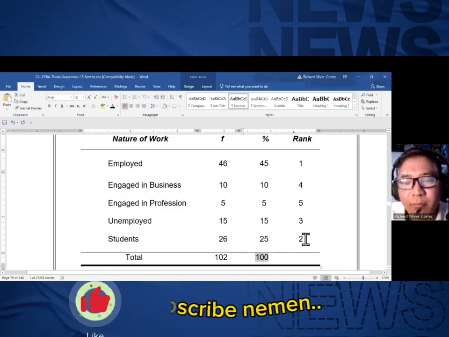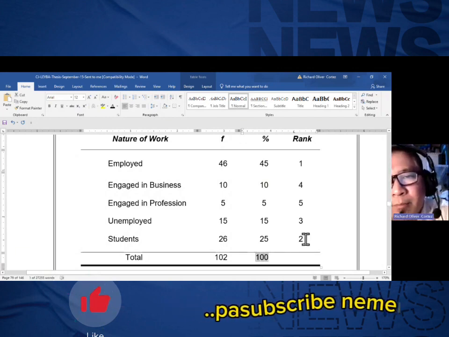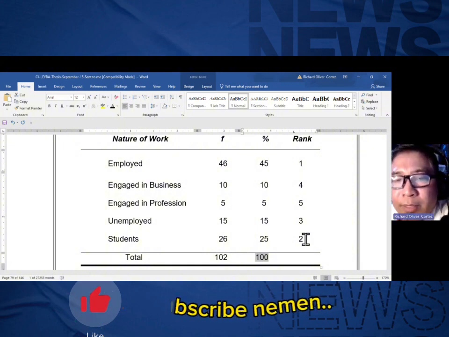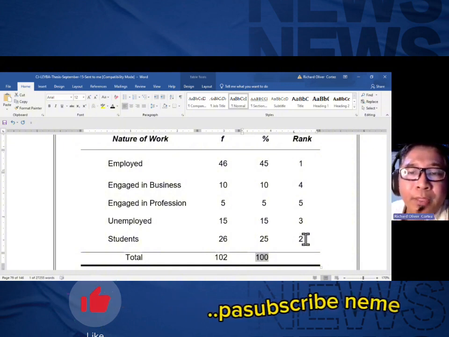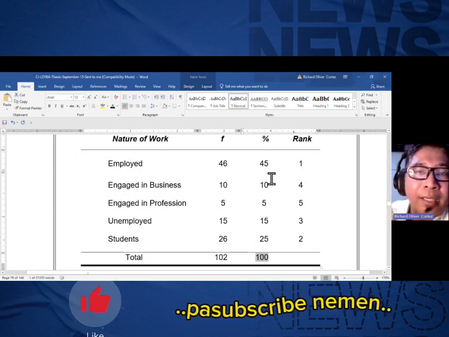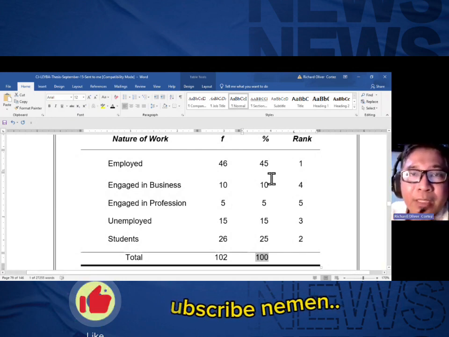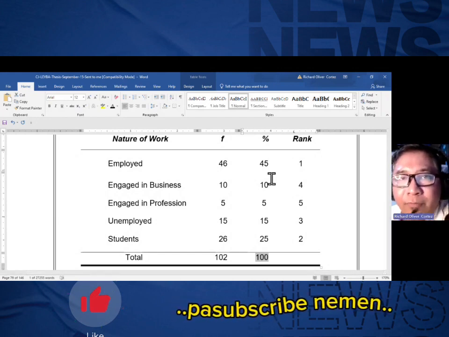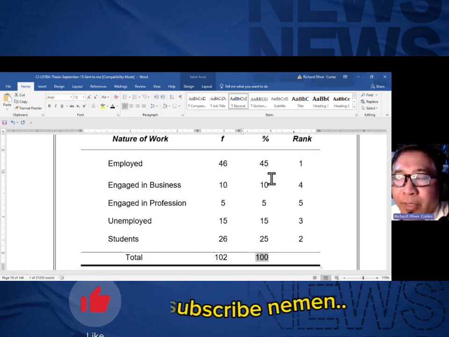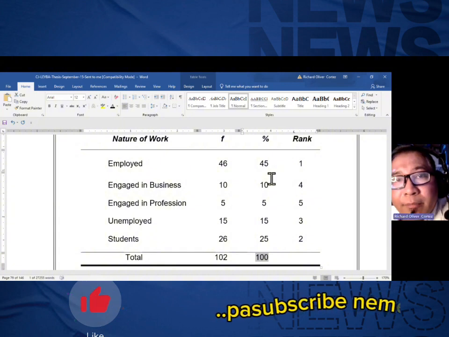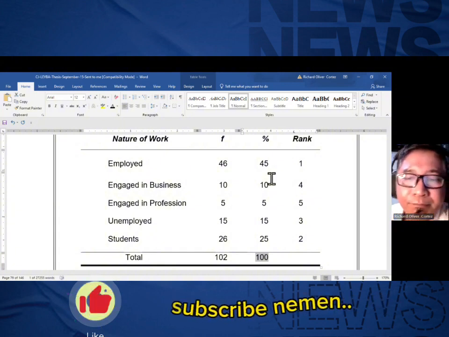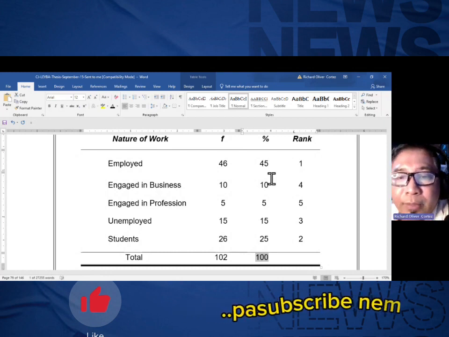If only the decimals are lacking, you will just round off your percentage. But if the shortfall is like 5%, then there is something wrong. A difference of 5% or 3% is no longer about rounding off. So you go back to your division to make the 100% exact.